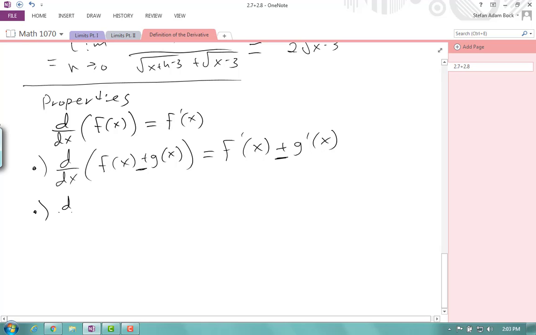And if I have a constant multiple of a function, well, that's just going to be the constant multiple of the derivative, where c is a constant.